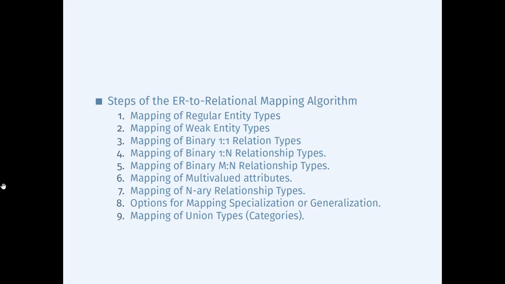Those are some of the steps that you should think about when you are converting the model, mapping into a logical diagram, and then you can convert into a physical diagram.